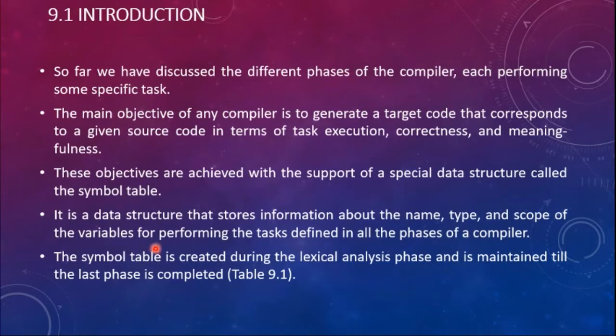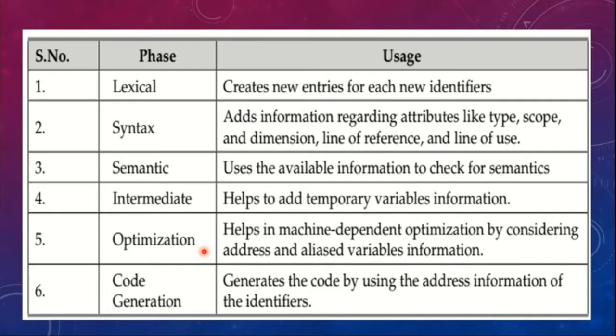Now we observe what the role of the symbol table is in the compilation process, in each and every phase. For example, consider the first phase, lexical analyzer. In this phase we are creating the symbol table, with an entry for each and every identifier.